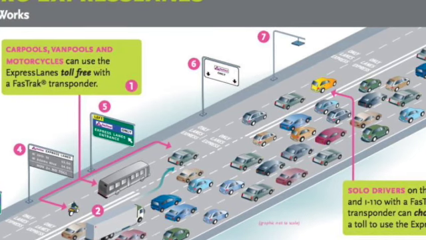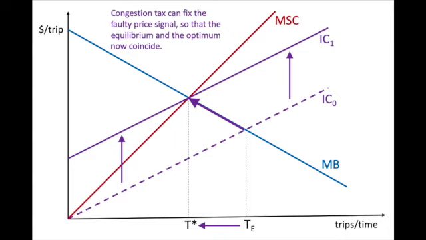And if we do that, then as shown here, it will now bring about the result that the equilibrium point will shift over and it will coincide with the optimum.